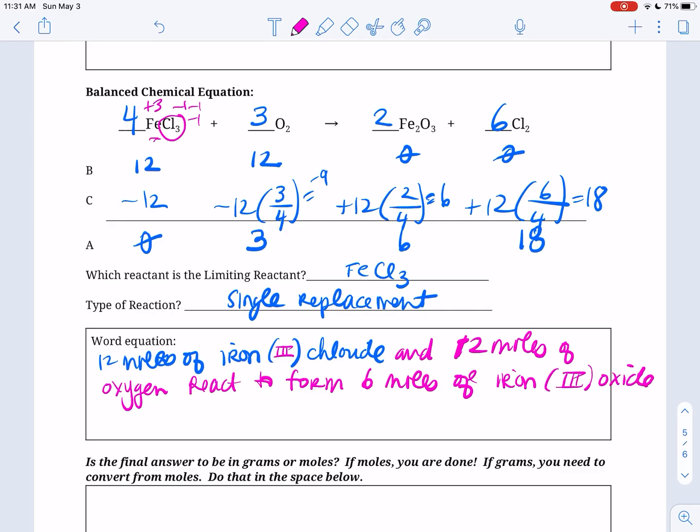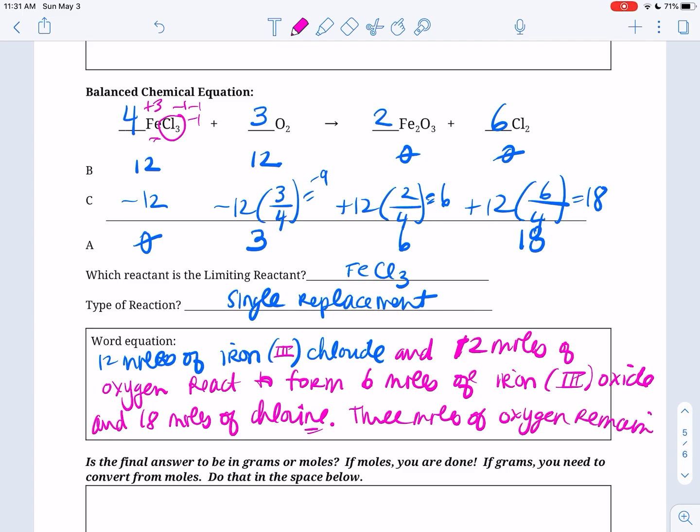Okay, it still needs that Roman numeral, and 18 moles of chlorine. Okay, remember it's just chlorine because it's not in a compound. All right, 3 moles of oxygen remain, because I have that much left over.